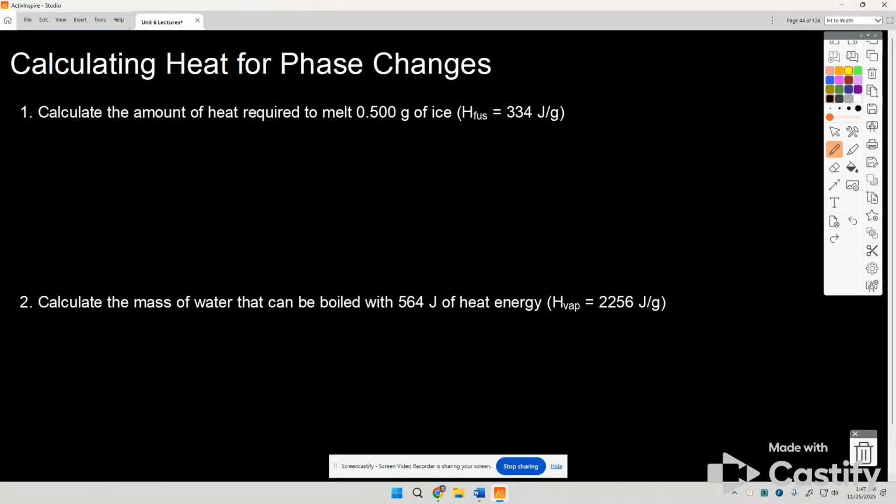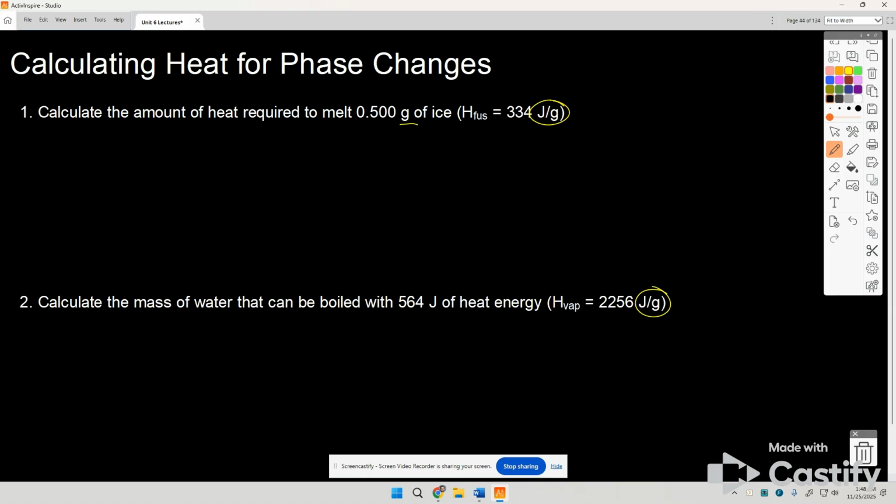Looking at how we use that: calculating heat for our phase changes. In these problems, the two we're going to look at, notice that we have our delta H in joules per gram. Because we're working with grams and joules per gram, here we're using Q equals m delta H because we're looking at mass.